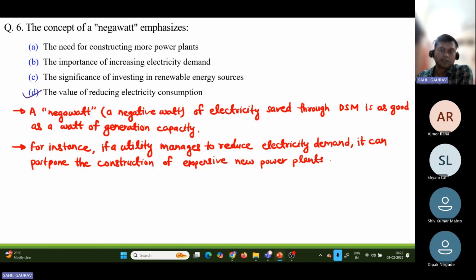New power plants are needed for increased capacity or increased reliability.